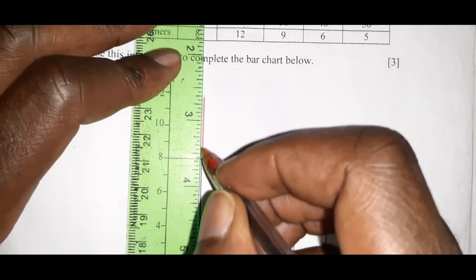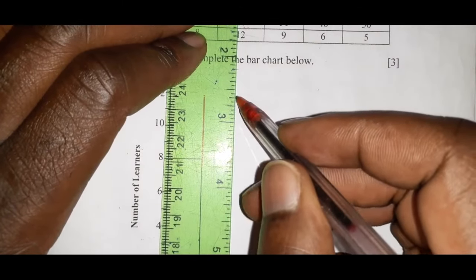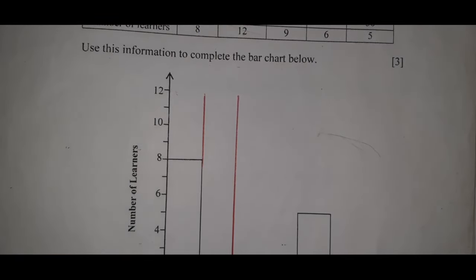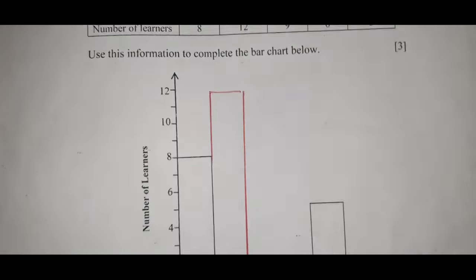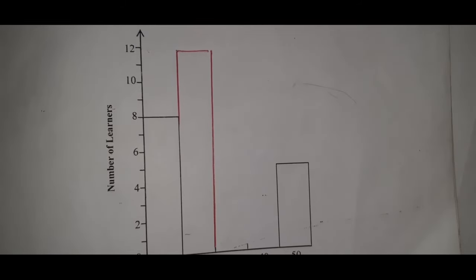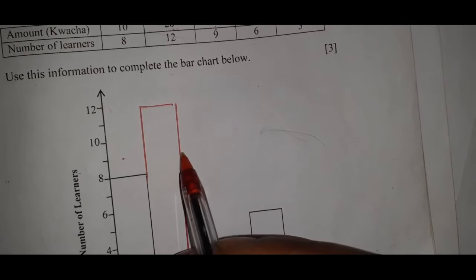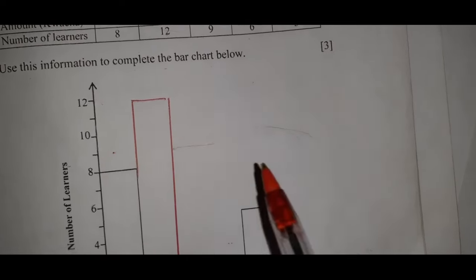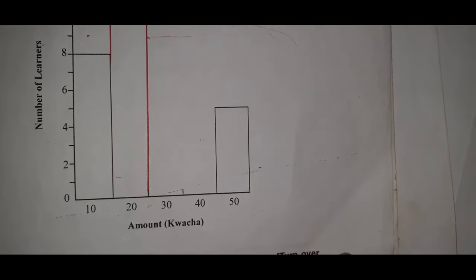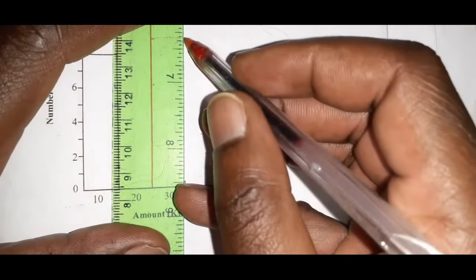12 is here. Okay, then we come here. So 20 kwacha, that's our 12. Then the 30 kwacha, how many were there? There were 9. So at this point, this one has to go up to 9 here.